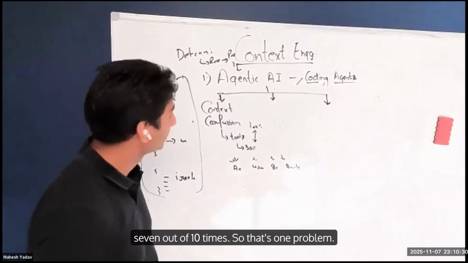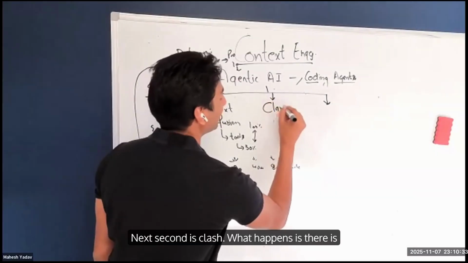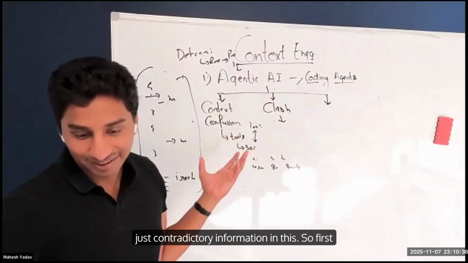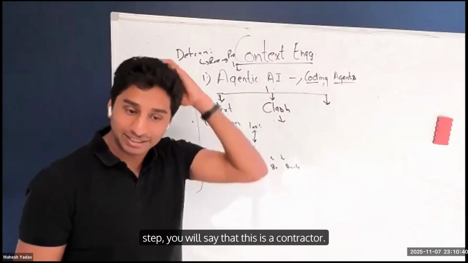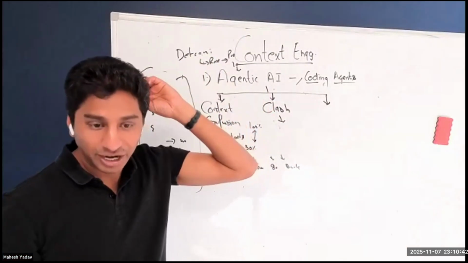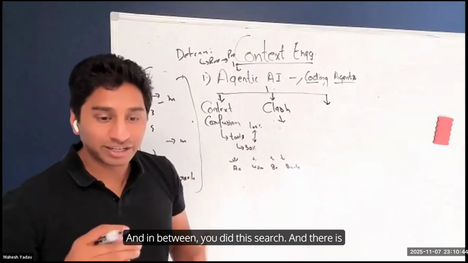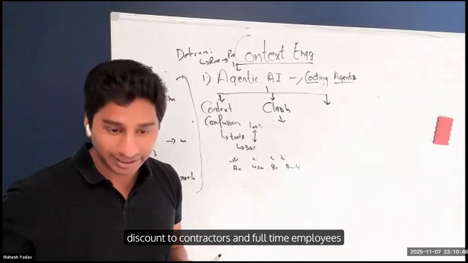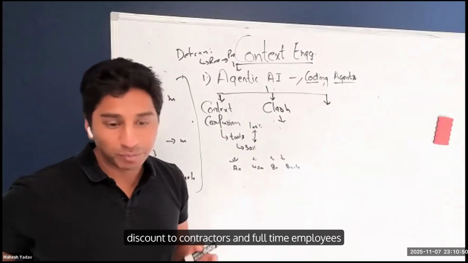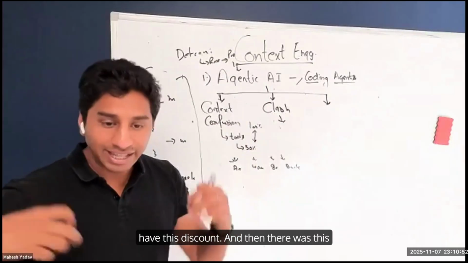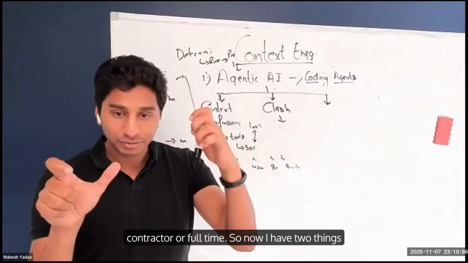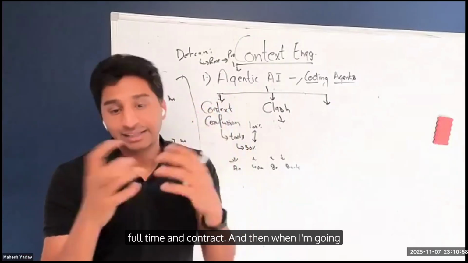So that's one problem. Second is clash. What happens is there is contradictory information in the context. In the first step, you say that this is a contractor. In between, you did a search and found information that said we give a discount to contractors and full-time employees have this discount. Now I have two things, full-time and contractor.